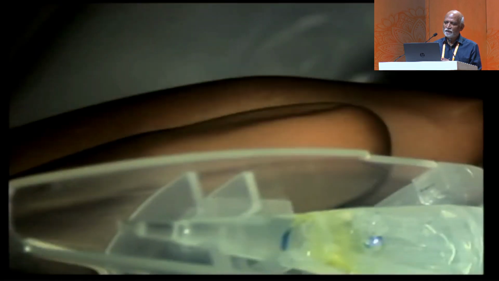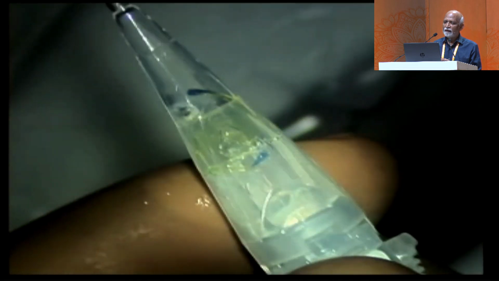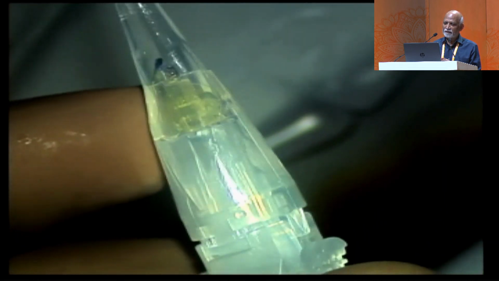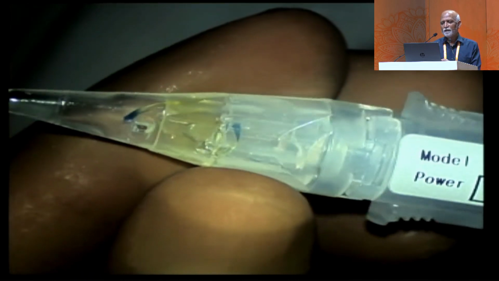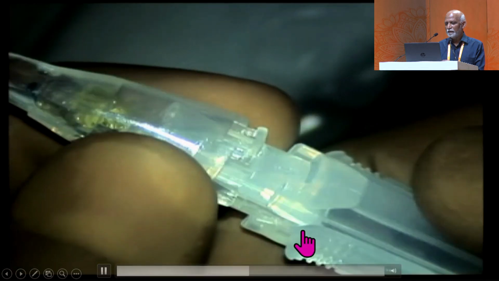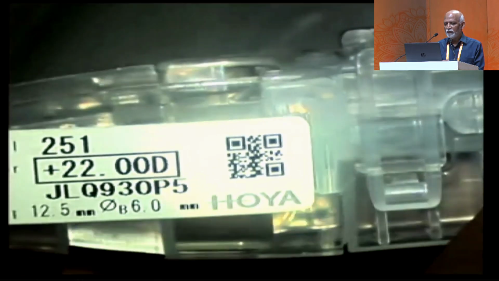I'll show you in a while that the plunger has just fallen off and the lens is still inside. So there's nothing to push the lens, and again, there's no plunger because it just fell down. So again, you break open and then you put the lens in another kind of injector, and you end the day with an uneventful surgery.